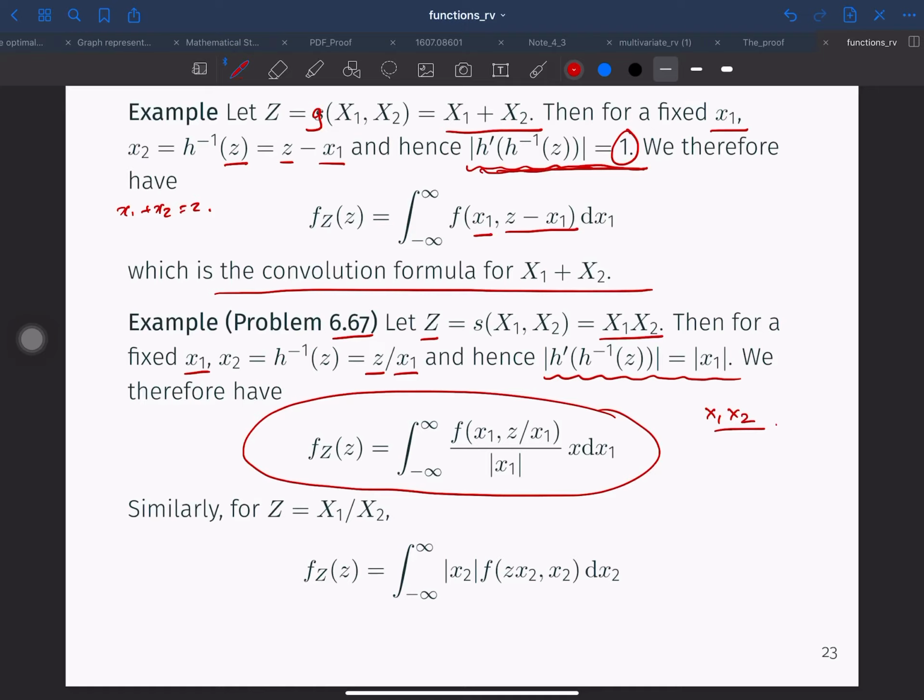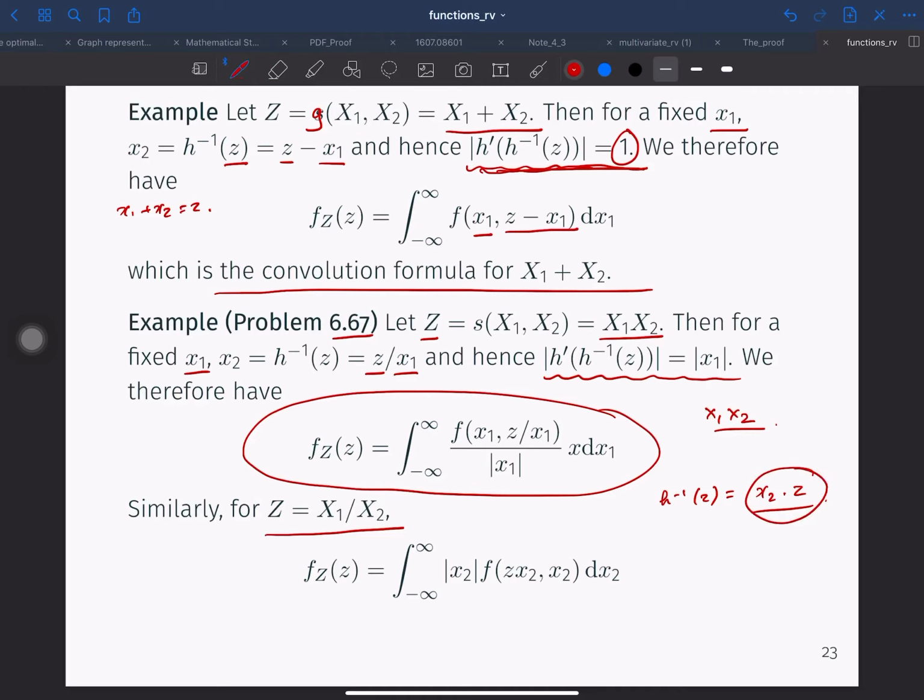And similarly, in the case when z is x1 divided by x2, in which case H inverse of z, by swapping the order of x1 and x2, is now going to be z times x2.